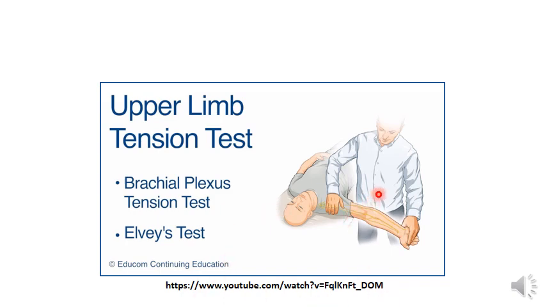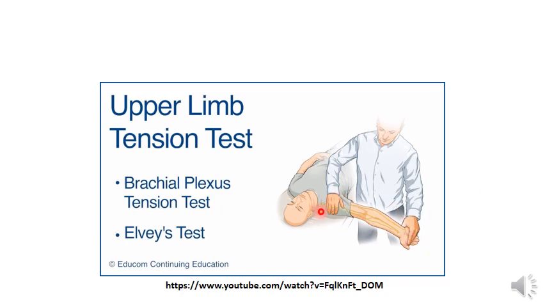Usually the elbow is flexed at 90 degrees, and the examiner abducts the arm. Then he flexes the wrist, extends the wrist, does an external rotation, and then extends the arm.